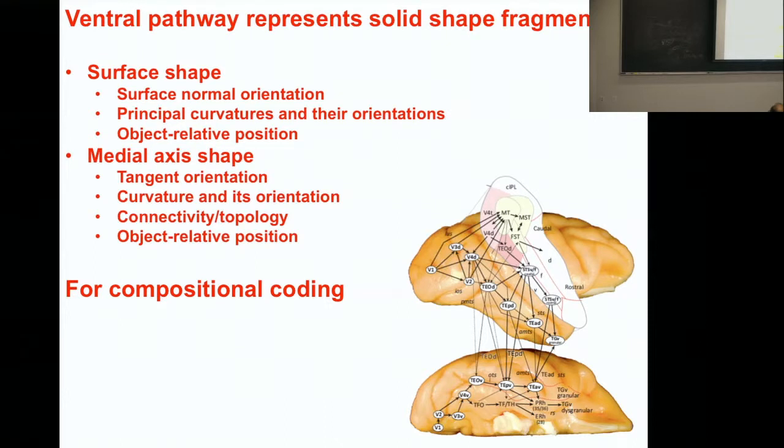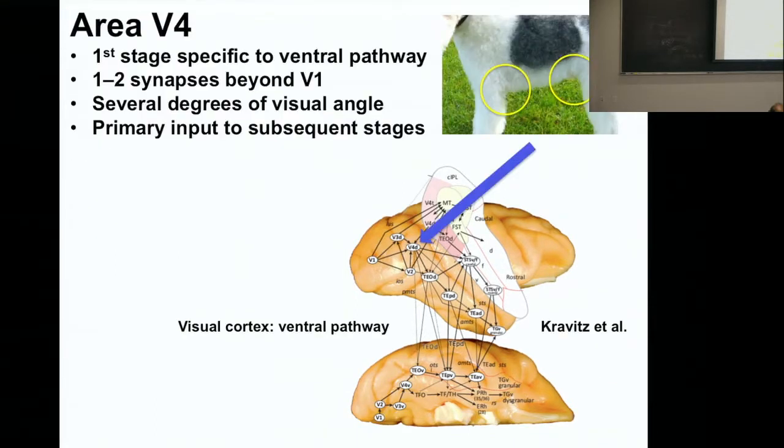We were surprised when we went into V4 and found that representation of solid shape rather than planar shape actually dominates as early as V4, which is just 1 synapse away from primary visual cortex. So area V4 is the first stage of the whole ventral pathway that's specific to the ventral pathway.